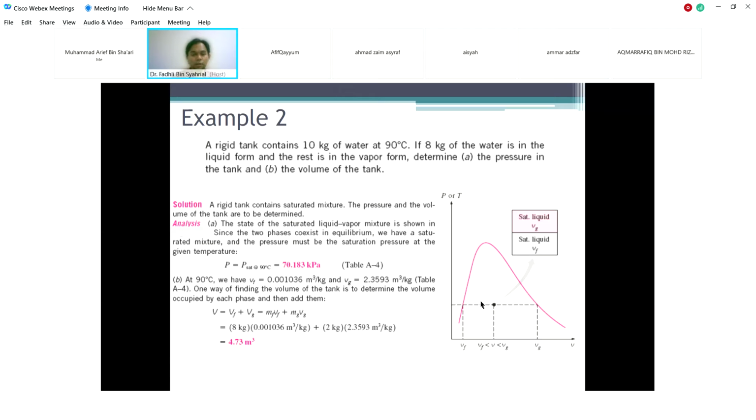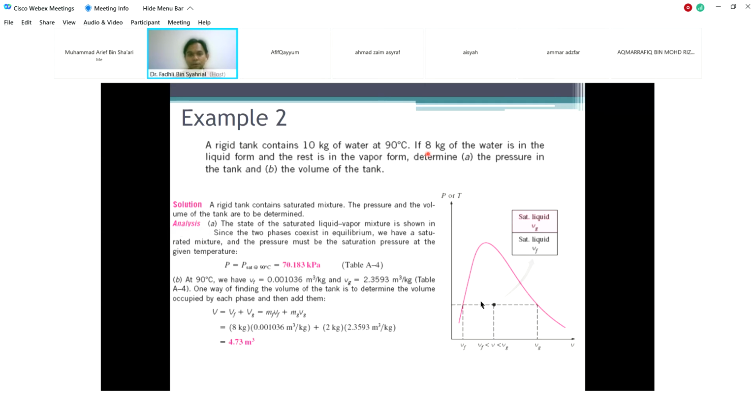Last week I already explained how to solve these problems. There are several steps that we have to follow before we find the answer, so please follow the steps. We are going to follow the steps in order to solve example number 2. Once we have a question, step number 1 is to list down all the information given.